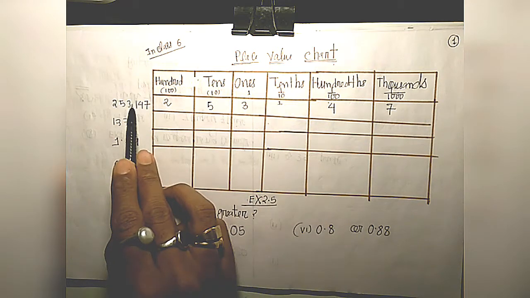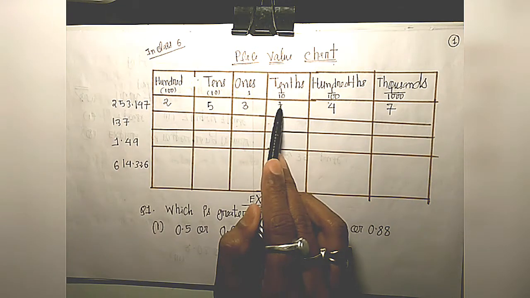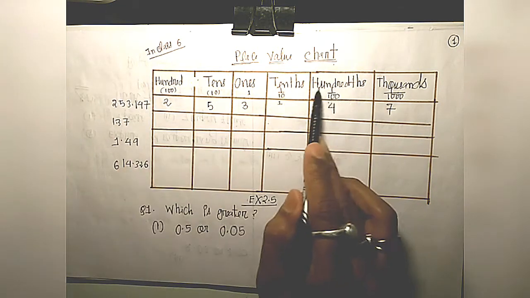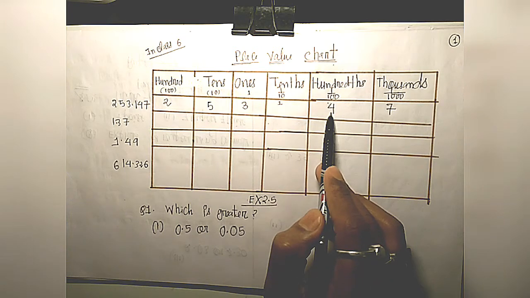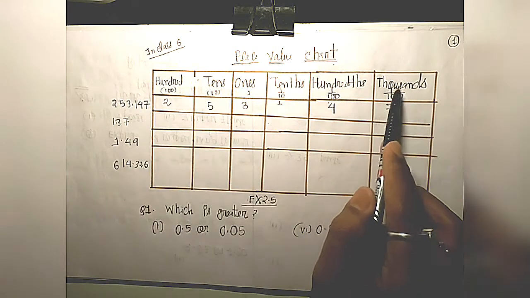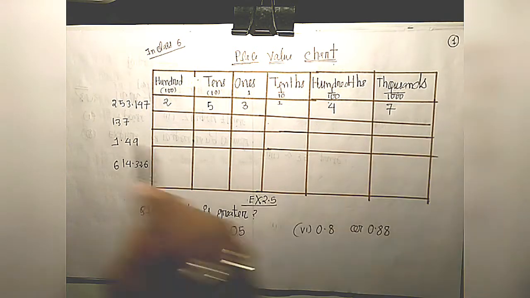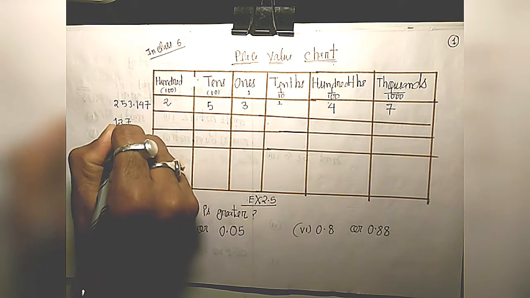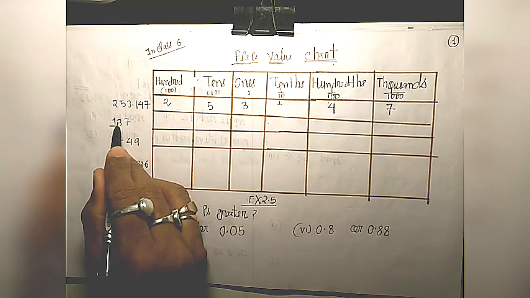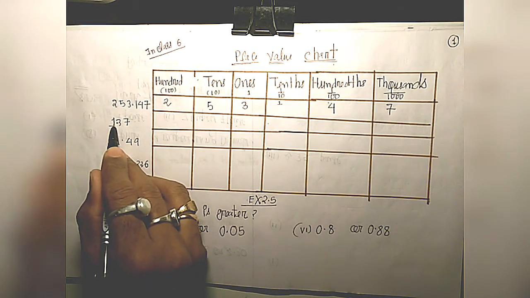After the decimal, 1 is in the tenths place, 4 in the hundredths place, and 7 is in the thousandths place.